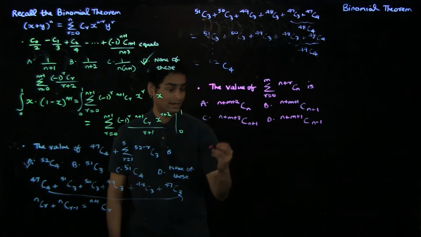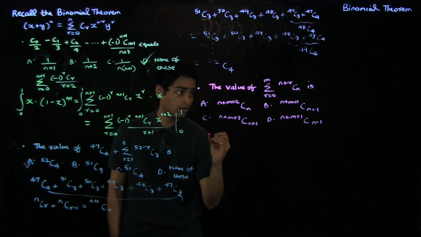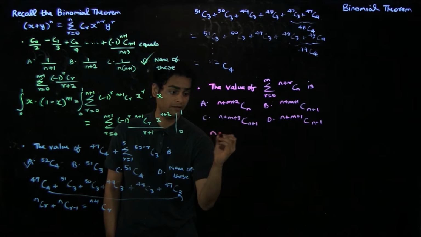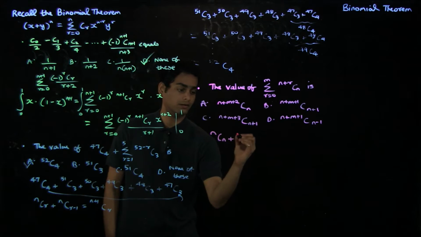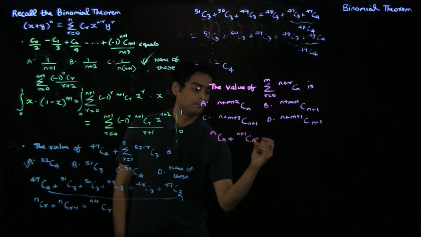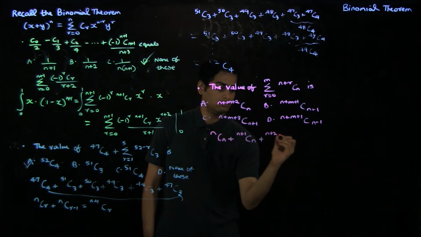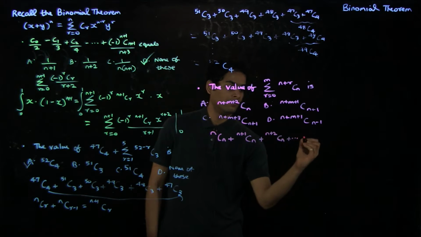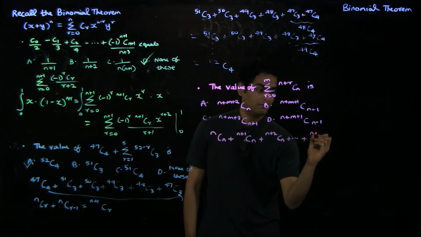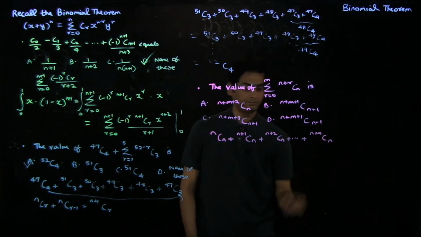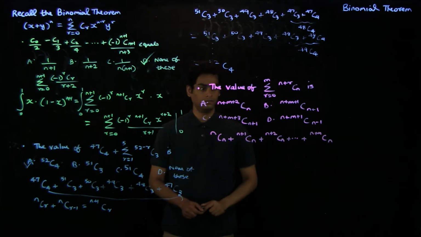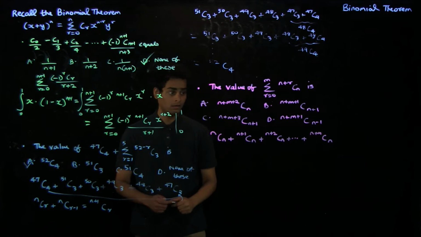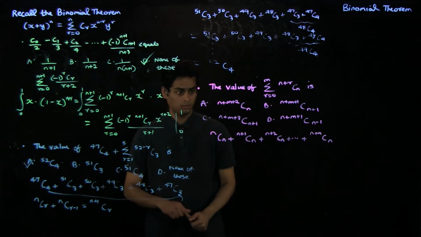Let's see what this summation actually looks like. For r is 0, you have nCn. For r is 1, you have (n plus 1) Cn. For r is 2, you have (n plus 2) Cn, and so on till (n plus m) Cn. So this is the summation which you're given in the problem.